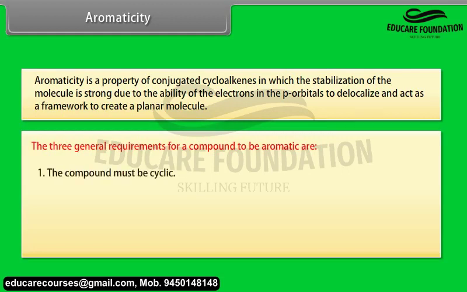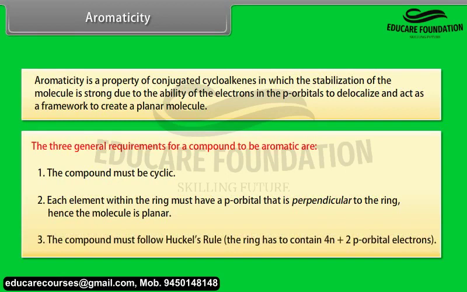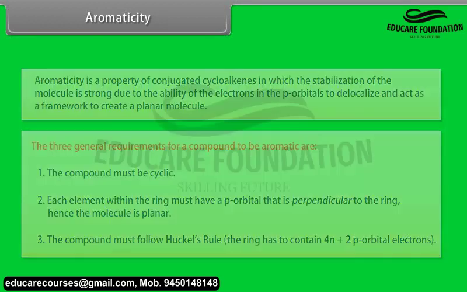The compound must be cyclic. 2. Each element within the ring must have a p orbital that is perpendicular to the ring, hence the molecule is planar. 3. The compound must follow Hückel's rule. The ring has to contain 4n plus 2 p orbital electrons.